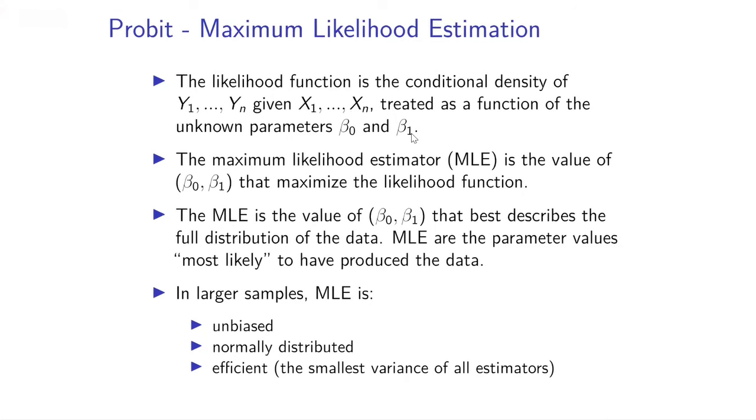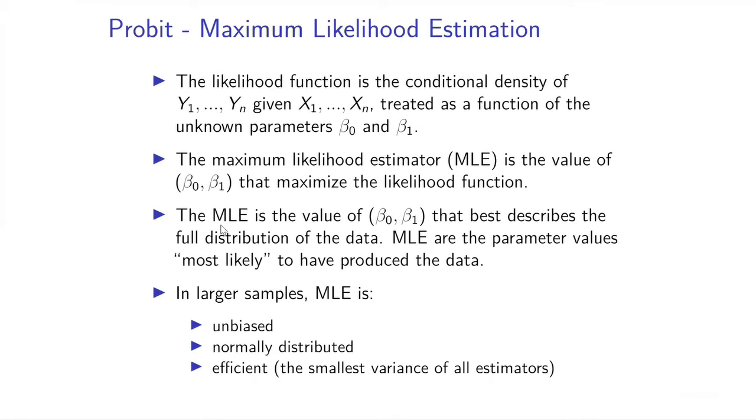The maximum likelihood estimators, or MLE, are the values of beta naught and beta 1 that maximize the log of the likelihood function. In this capacity, you can think of the MLE estimators as the beta naught and beta 1 most likely to have produced the data, because now the likelihood function is maximized.